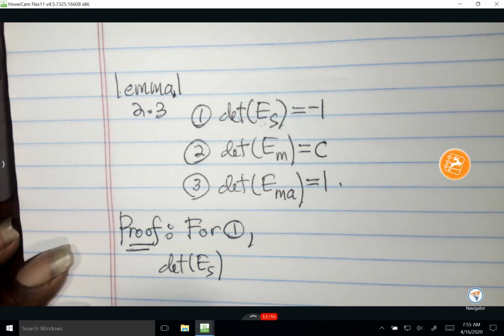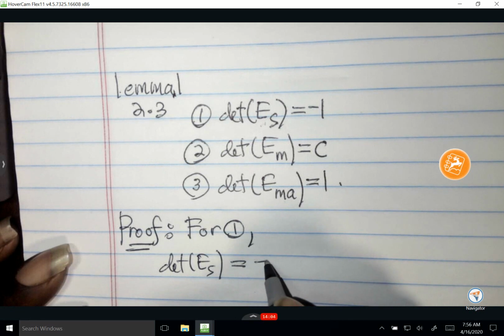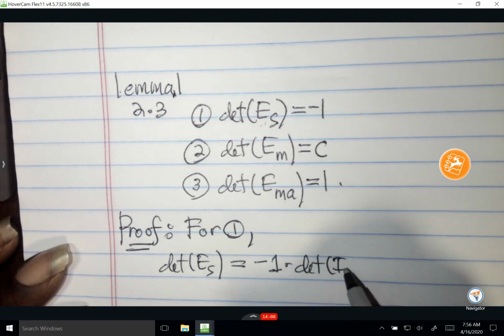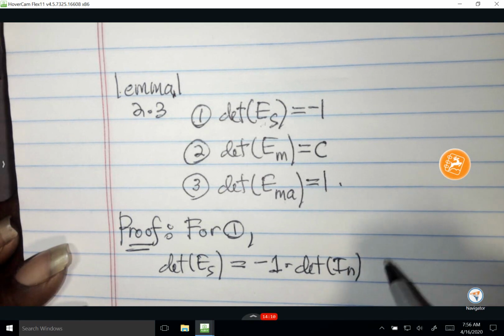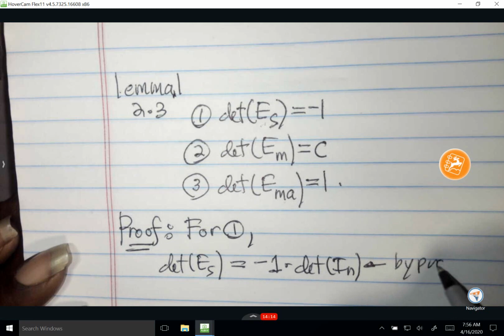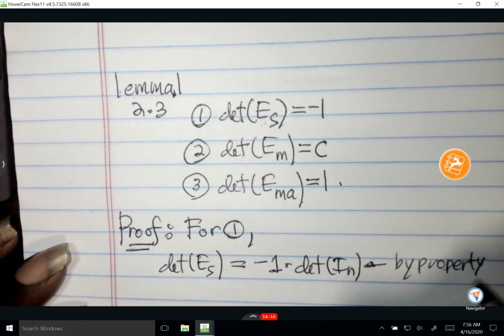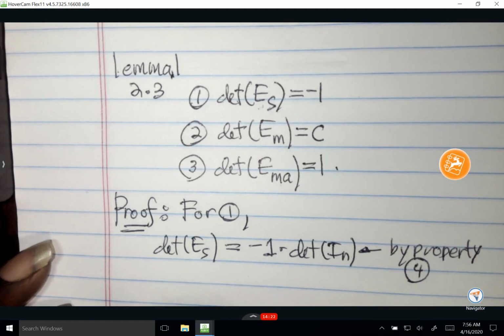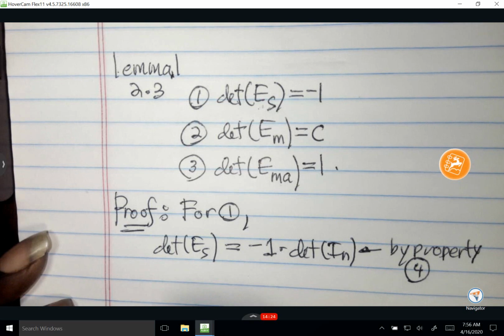By property 4, its determinant will be negative the determinant of IN. So it would be -1 times the determinant of IN. Why? By property 4 that we proved, baby. You should always be able to prove all 7.